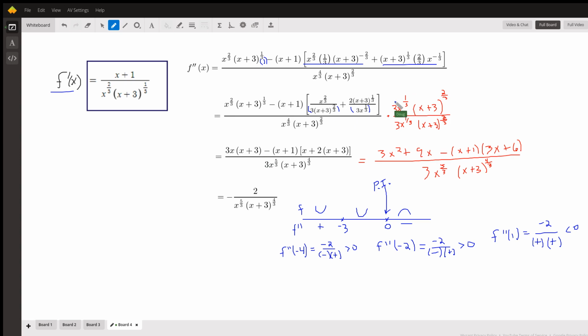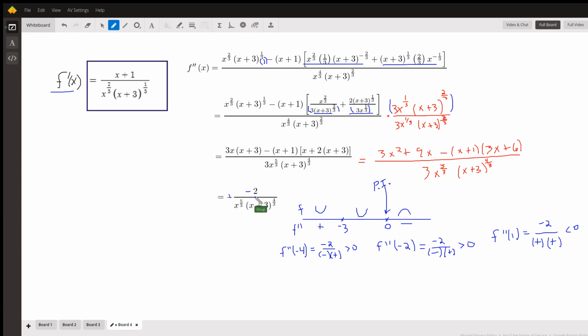And the same here, when I take this LCD times the contents of what's in the brackets here, I get x plus 2 times the quantity x plus 3, and which all simplifies to, well, guess what? It simplifies to, I could put this negative out in front of the 2. Negative 2 over x to the 5/3, x plus 4 to the 4/3.